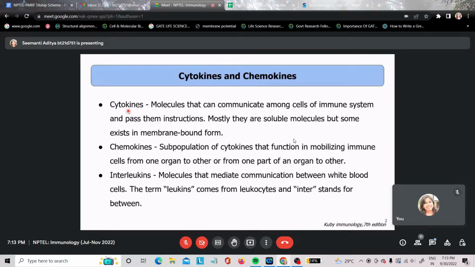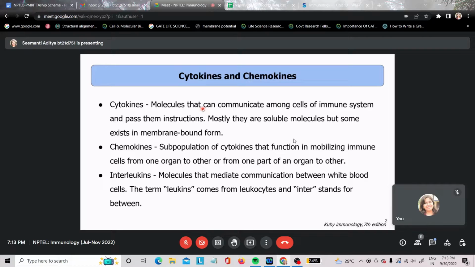So cytokines, basically, are a group of molecules. All those signaling molecules that are released by the immune cells, the macrophages, the dendritic cells, or these T cells, B cells.